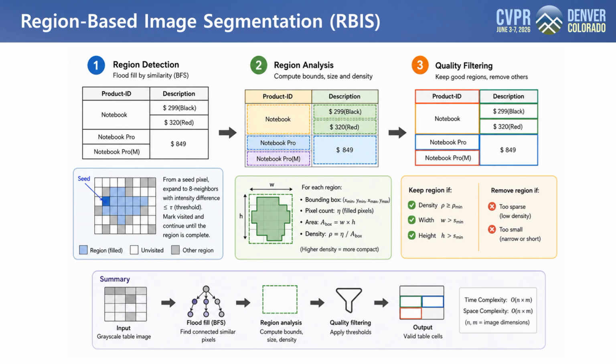Second, region analysis. For each expanded region, we compute its bounding box and density ratio, the proportion of filled pixels to bounding box area. Third, quality filtering. We retain only regions whose density and minimum dimension exceed empirically set thresholds. The result is a set of clean cell bounding boxes extracted purely from image geometry without any neural network. The time complexity is linear since each pixel is visited exactly once.